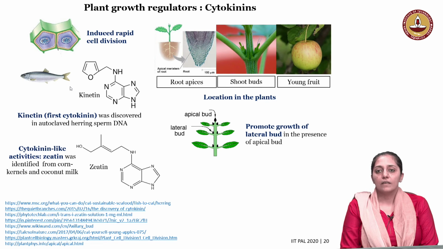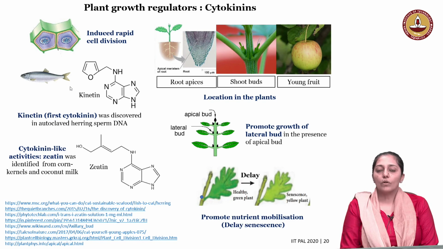Contrary to auxins, cytokinins promote lateral growth. So they will promote the growth of lateral buds, and therefore they will suppress the apical bud dominance, and they also delay senescence by promoting nutrient mobilization.